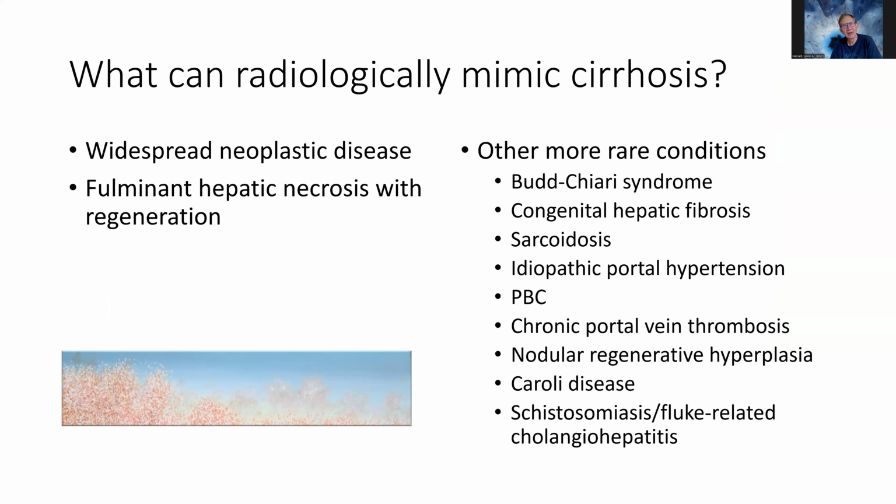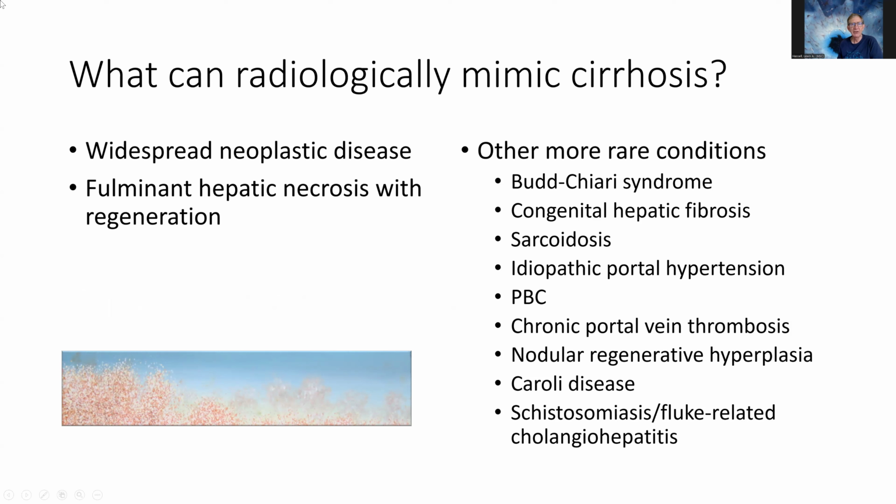There are a few other more uncommon syndromes in various age groups and settings that can also look a lot like this widespread cirrhosis. That can include things like Budd-Chiari syndrome, sarcoidosis, idiopathic portal hypertension, primary biliary cirrhosis, especially in its early phases, chronic portal vein thrombosis, nodular hyperplasia, Caroli's disease, and even some infectious disorders like schistosomiasis or fluke-related cholangiohepatitis.